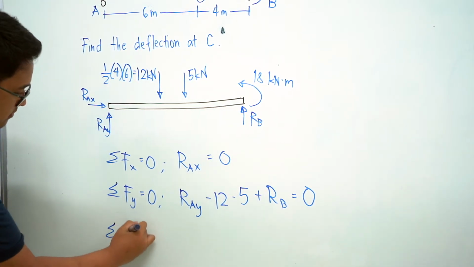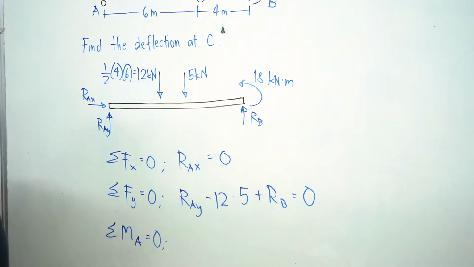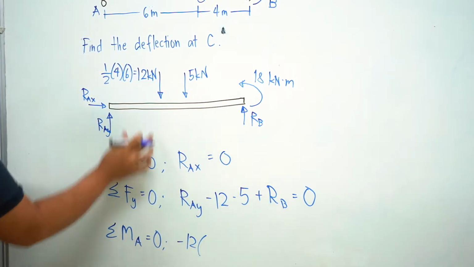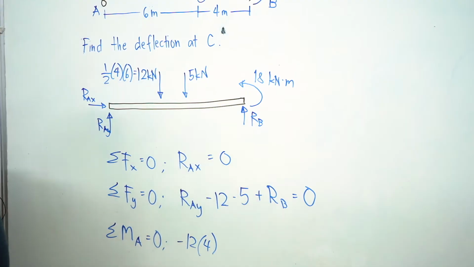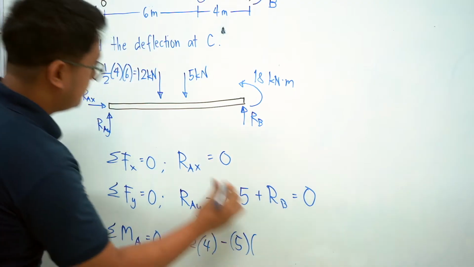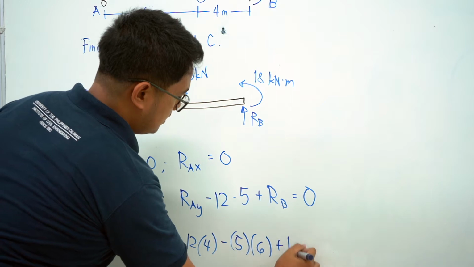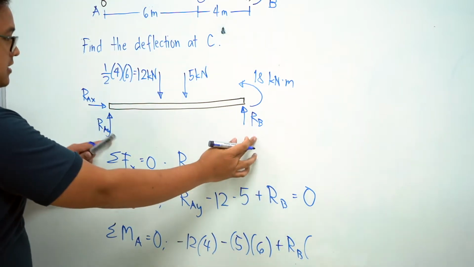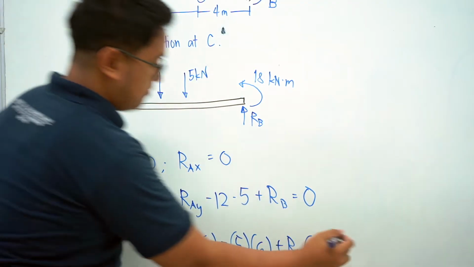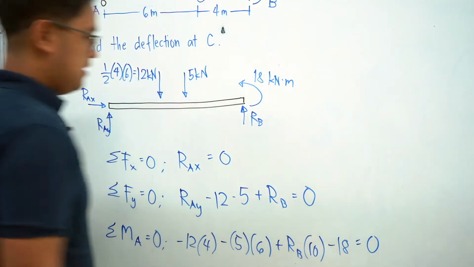We need another equilibrium equation, which is summation of moments about point A, which will yield minus 12 times this distance. So that's 4 meters. Okay, minus 5 kilonewtons times this distance, which is 6 meters, plus RB times this distance, which is 10 meters, minus 18, the concentrated moment, which should be equal to 0 as well.